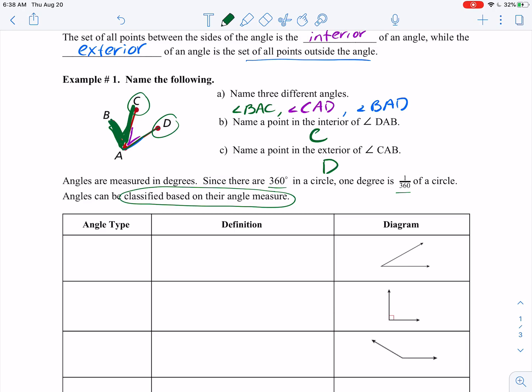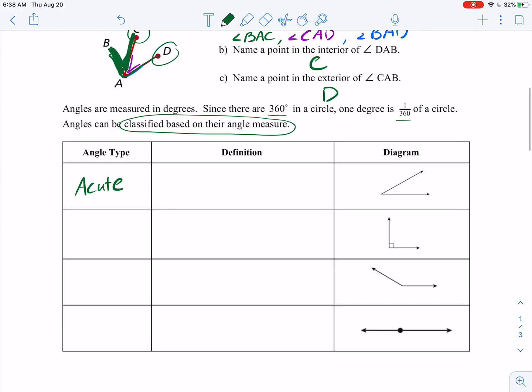So if we look at this first angle, and you're probably familiar with these terms before, we see an angle that's less than 90. That would be an acute angle. An angle that equals 90 degrees, right angle. An angle that's greater than 90, obtuse. An angle that forms a straight line, or 180 degrees would be a straight angle.